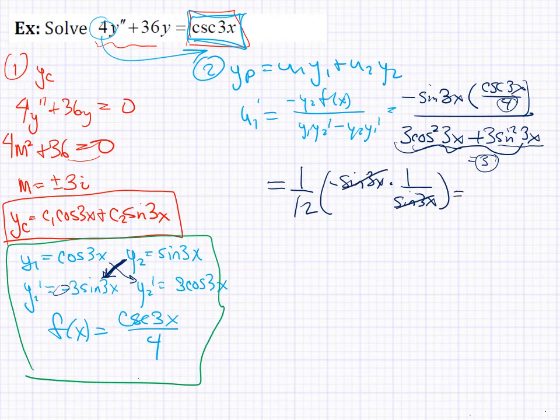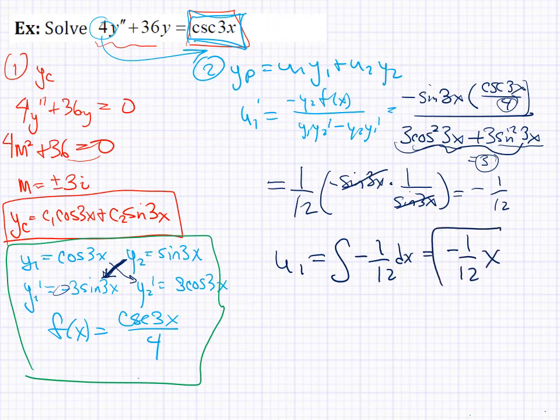So ultimately what I get is negative 1/12. Well, if that's negative 1/12, then that means u1 is the integral of negative 1/12, which is negative 1/12 x. So there's my u1.